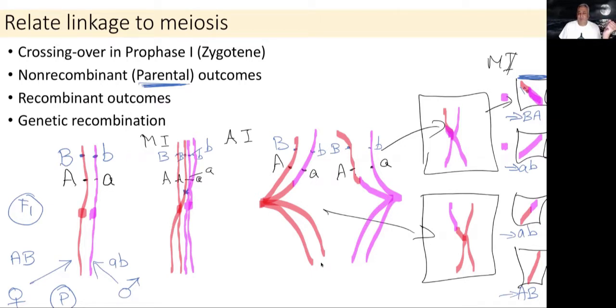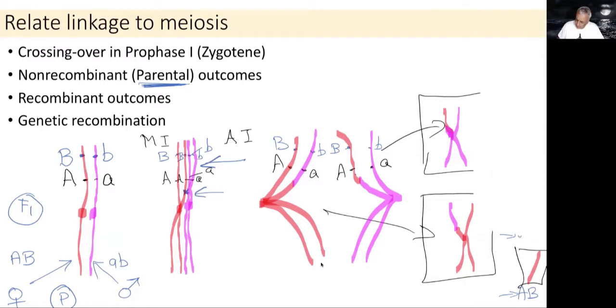But suppose the crossover was between A and B. That can happen because it's a mostly random process, right? Instead of the crossover being down here, suppose the crossover was somewhere between A and B. What would happen then? Let's quickly draw that. We won't draw everything, we just need to draw the middle part. We get rid of the far side because we don't need it anymore, it just confuses us. Then we just follow the chromosomes.